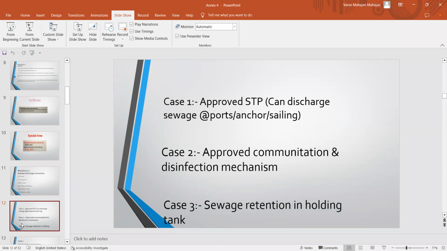But now we will talk about the second system. When you have approved comminution and disinfection, what do you understand by comminution and disinfection? Breaking down of the sewage into small parts helps aerobic decomposition. And disinfection means the final outlet should be free from bacteria, meaning chlorinated. So when we say comminution, we are only dividing this sewage into small parts.